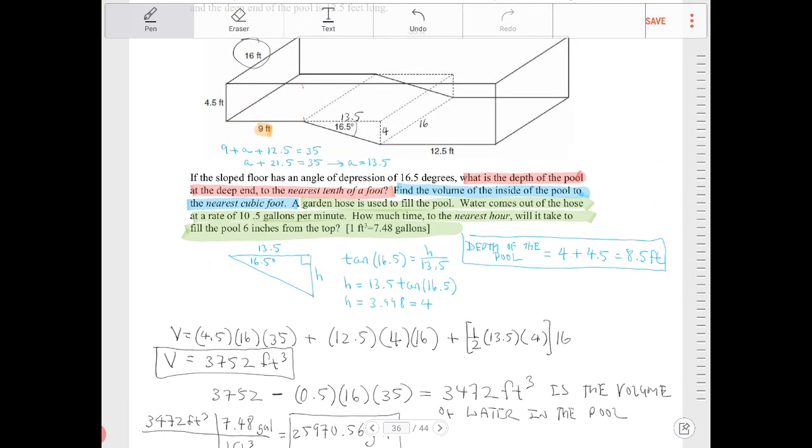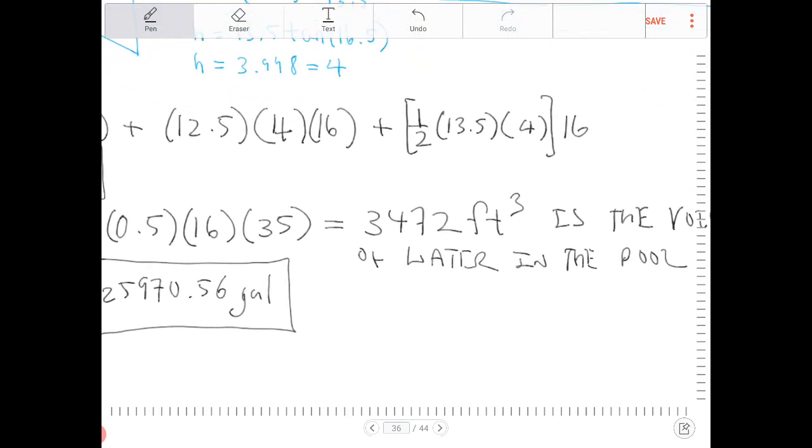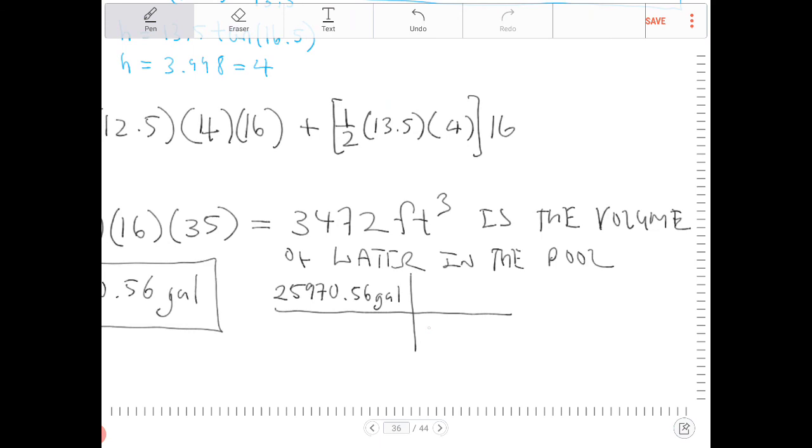And since the hose is able to do 10.5 gallons per minute, I'm going to take 25,970.56 gallons, and I know that the hose is able to fill 10.5 gallons in 1 minute.